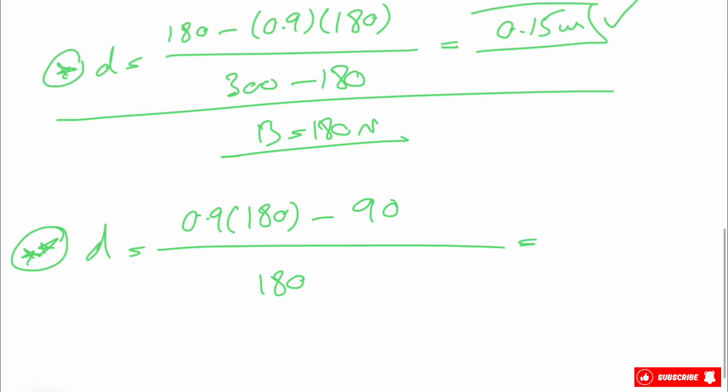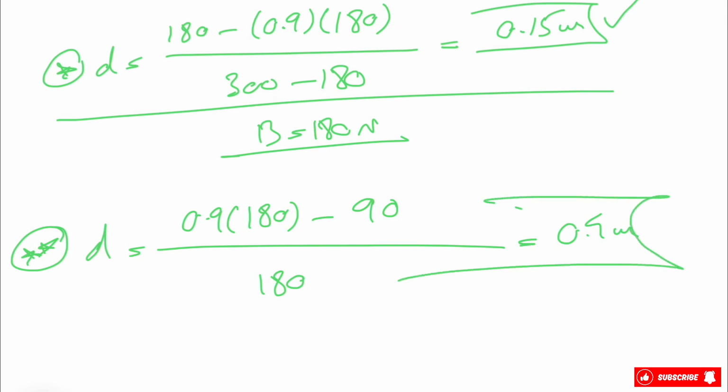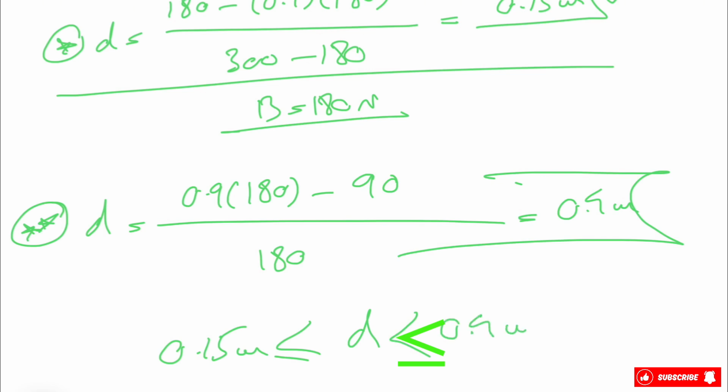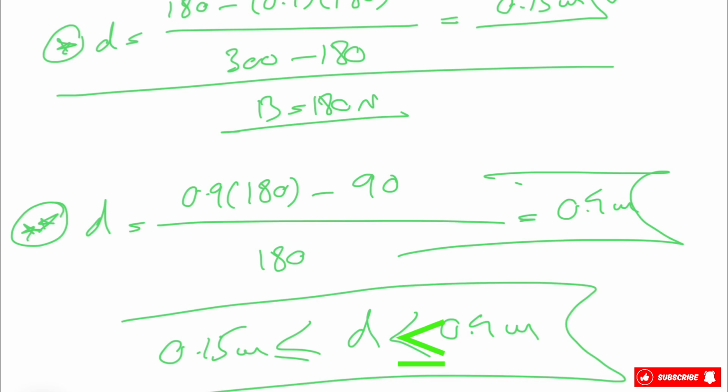If we calculate this, we get 0.4 meter, and that shows the range that we can have for D. It can be a minimum of 0.50 meter and a maximum of 0.4 meter. And that would be the final answer for this question.